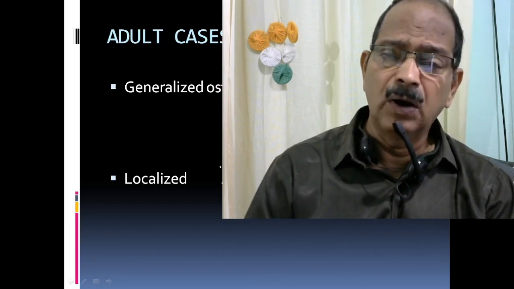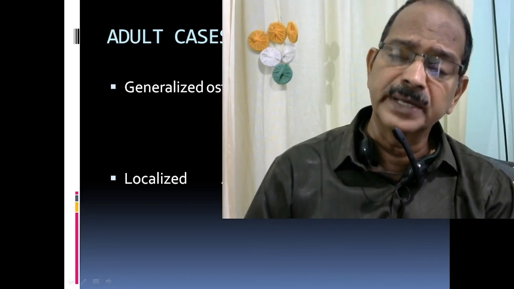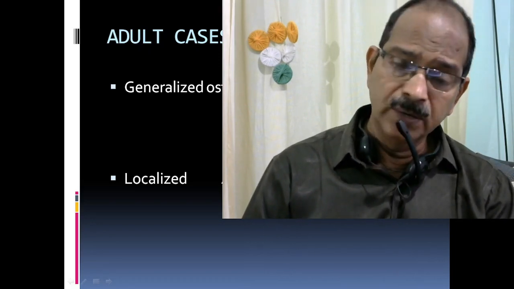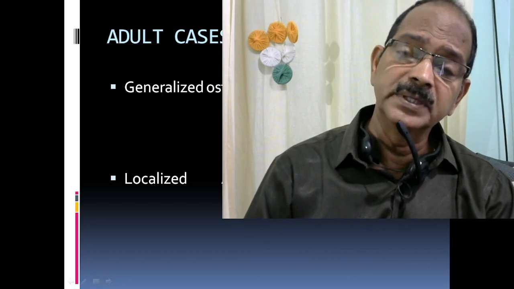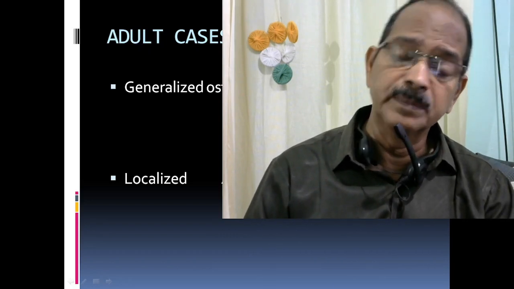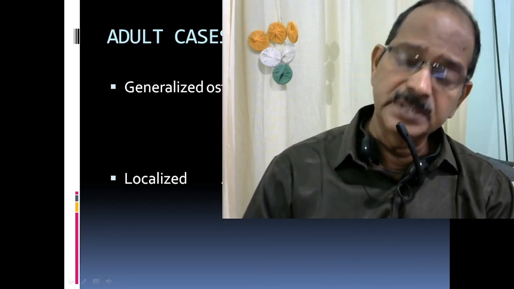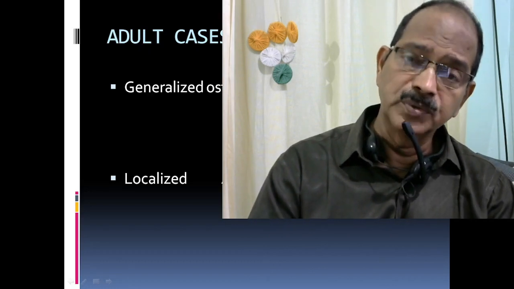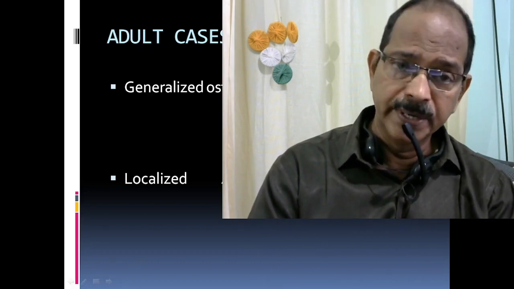If it is occurring on a localized basis, fracture occurring in one site only, then again in an older age group we need to consider local pathologies, especially secondary deposits in the bone, other lesions, sometimes cystic disorders, and many other problems.